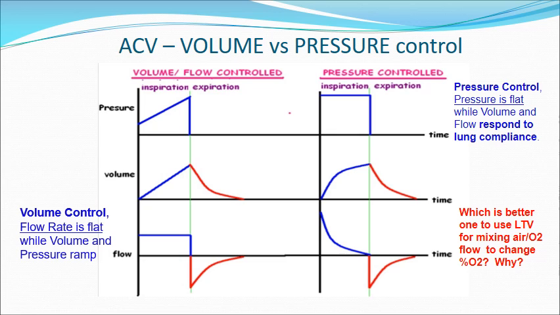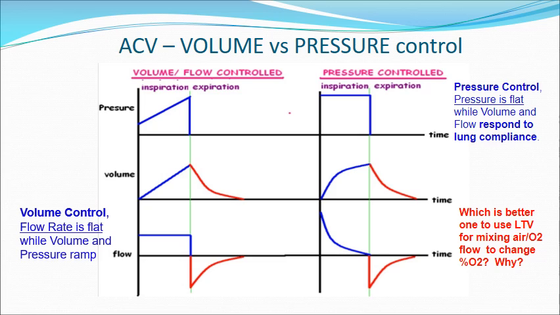You can envision a lung as an inflatable balloon, which in pneumatics is very similar to a capacitor being charged by a current. So the volume of the balloon is analogous to the voltage of a capacitor. If you look on the left, if you have a constant flow into that balloon, the volume will increase in a linear fashion, just as if you have a constant current into a capacitor, the voltage across that capacitor will increase in a linear fashion.